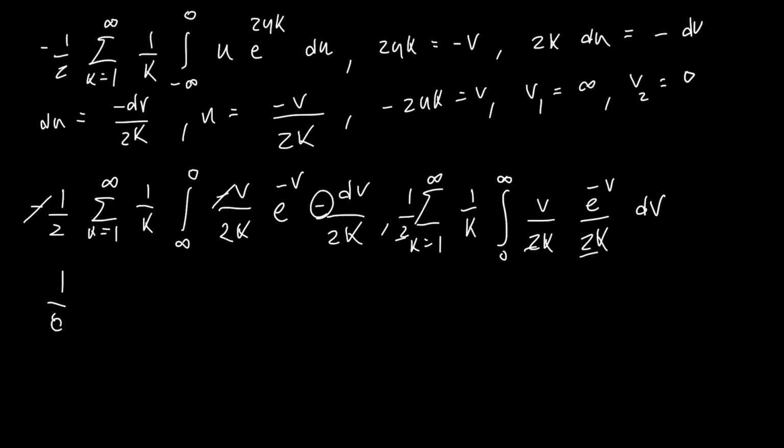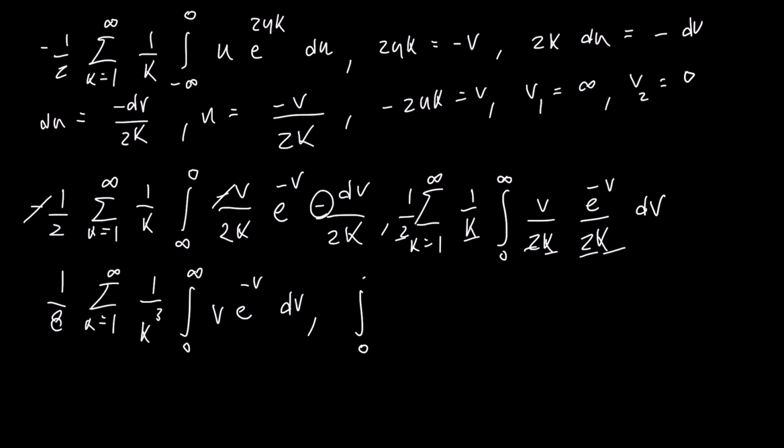So we have 1/8, the sum from 1 to infinity, and we have k times k, which is k squared, times an extra k, will be 1 over k cubed, and we have left over the integral from 0 to infinity of v e to the negative v dv.